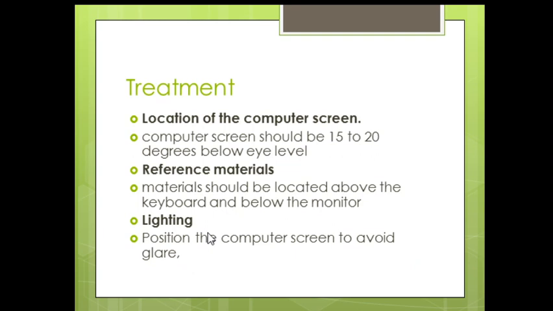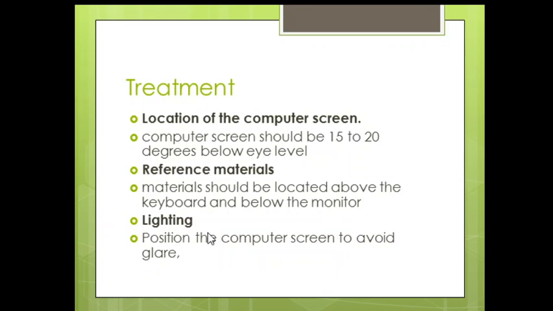The location of the computer screen should be 15 to 20 degrees below your eye level. Reference materials should be located above the keyboard and below the monitor, so you do not need to keep moving your neck to look at the reference material again and again, which can also lead to computer vision syndrome.